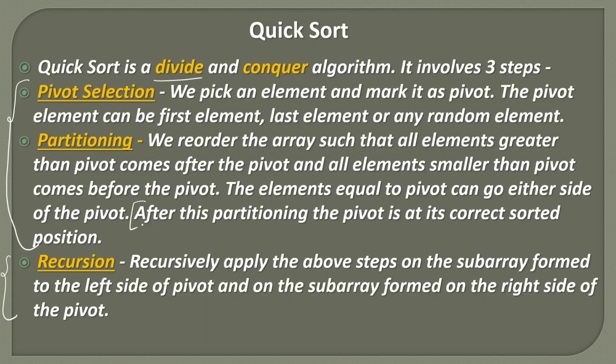So this step which we discussed, that after this partitioning the pivot is at its correct sorted position. We don't touch the pivot after the partitioning. We take the left part of the pivot, we take the right part of the pivot, and we apply the above steps recursively on the left side and on the right side.